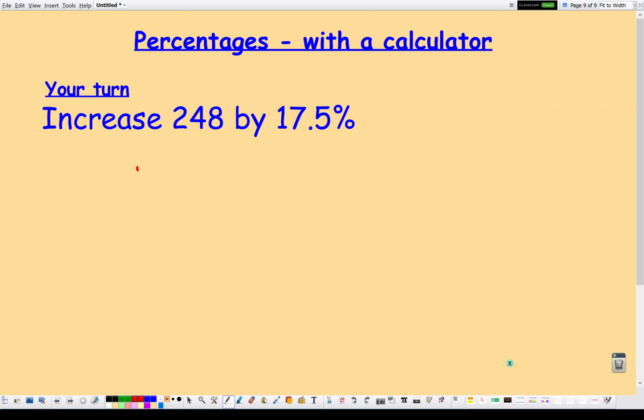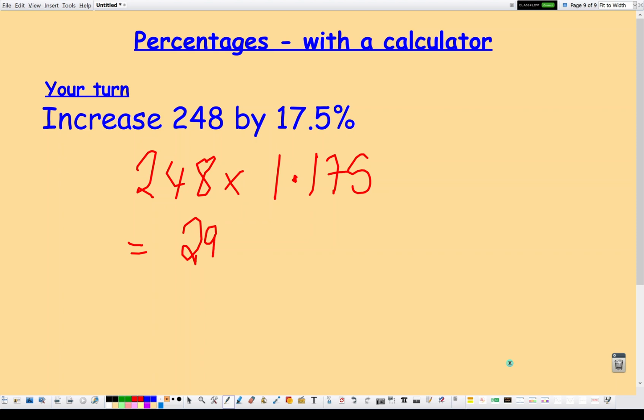So that will be 248 multiplied by, now it's an increase, so we add 17.5% to 100, so that gives me 117.5, which as a decimal is 1.175. So if it was just 17%, it would be 1.17. If it's 17.5%, 1.175. And we do that multiplication, and the answer is 291.4.